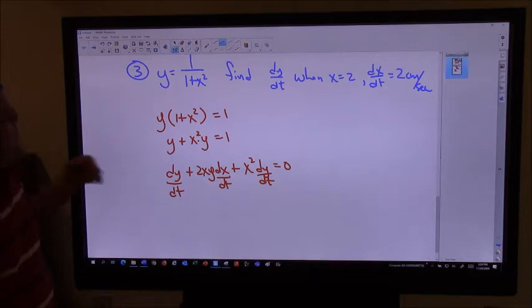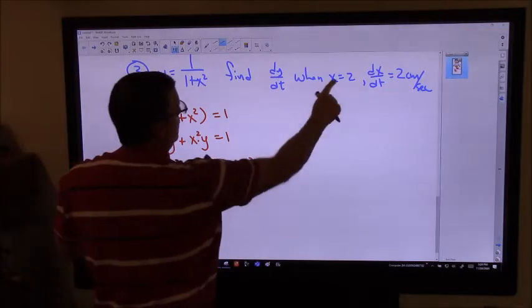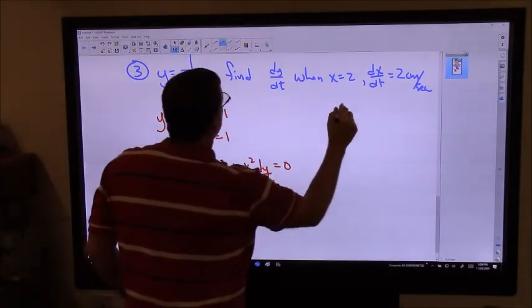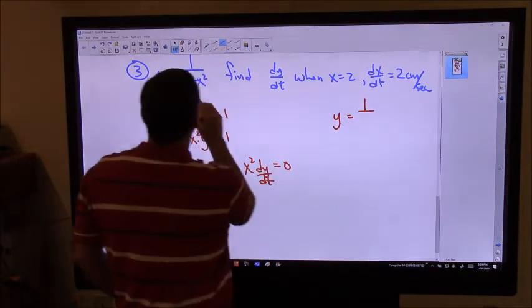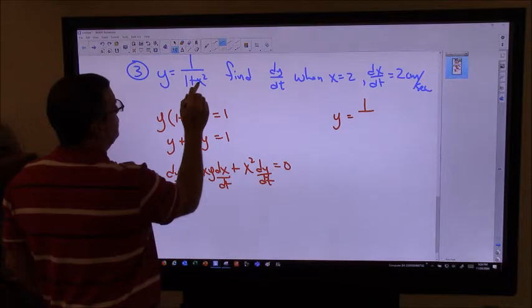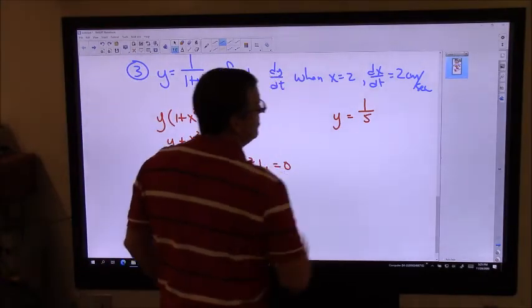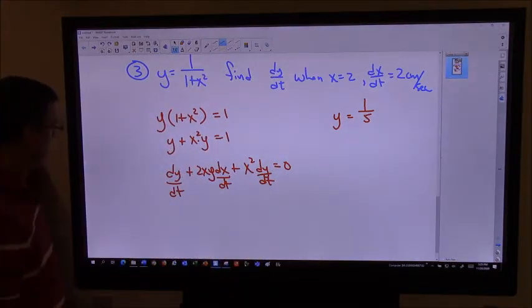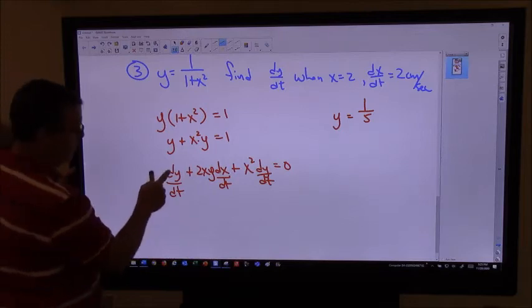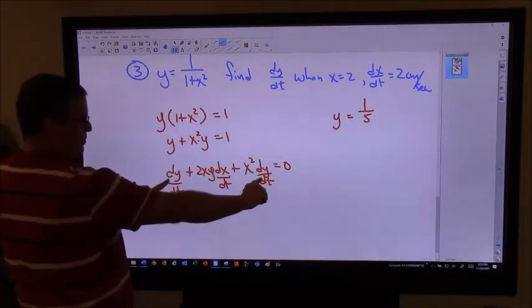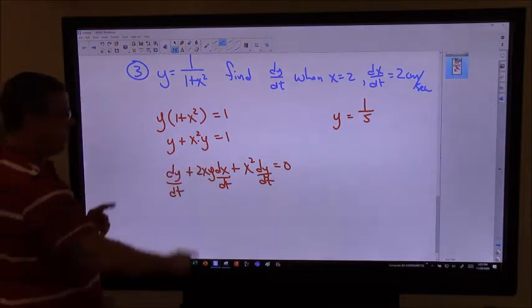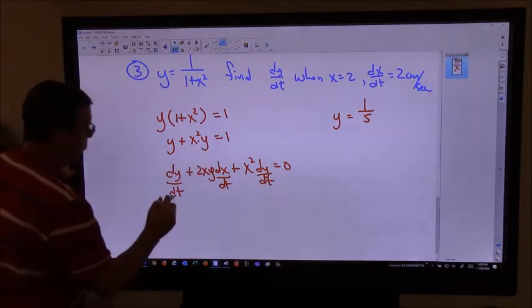So when x equals 2, I got to figure out what y is when x equals 2. So I'll just do that over here. y equals 1 over 1 plus 4. There's my y value. So we're trying to solve for dy over dt. Now this time we have 2 of those. So we're going to have to figure out how to get that by itself. But let me plug in numbers first.